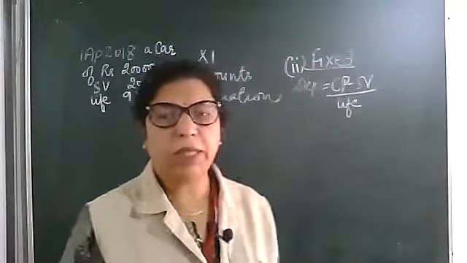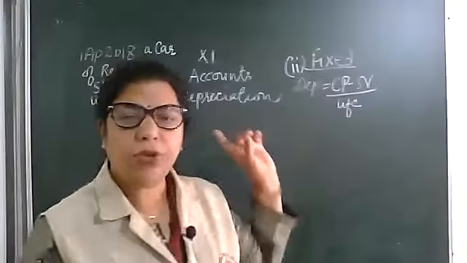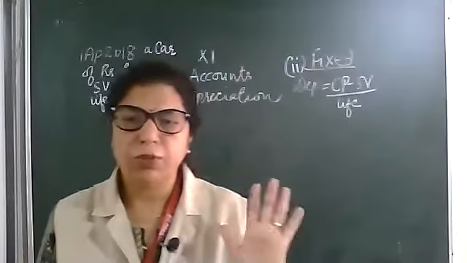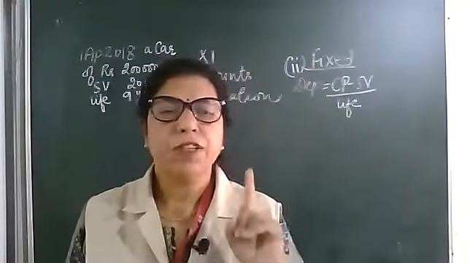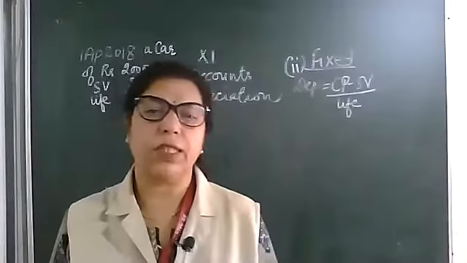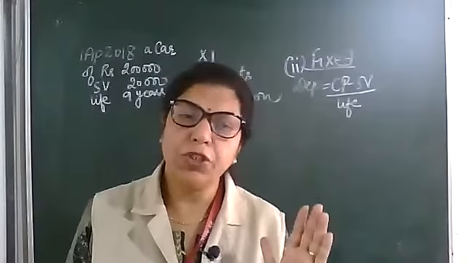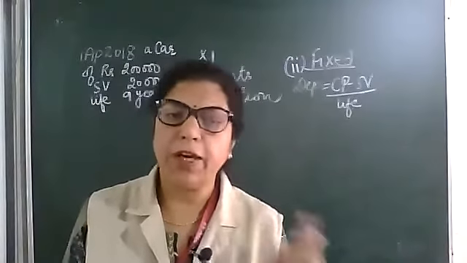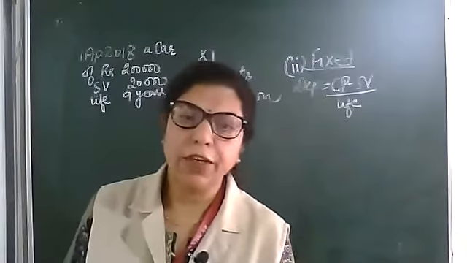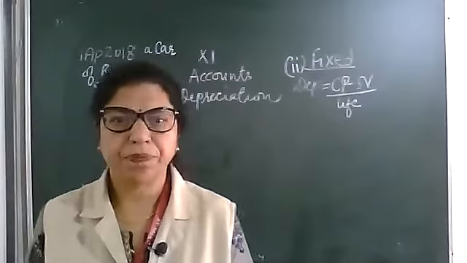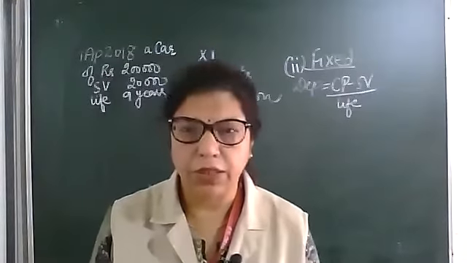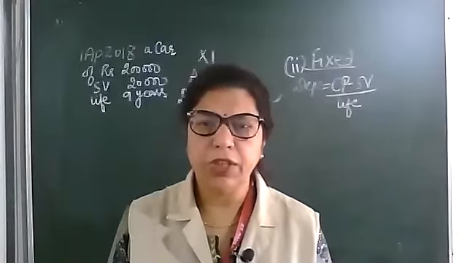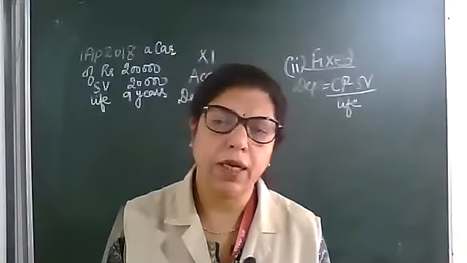Note down the question; the formula I will discuss again. On 1st April 2018, a car of rupees 2 lakh, scrap value 20,000, life 9 years. The company purchased it. Calculate depreciation and prepare car account.